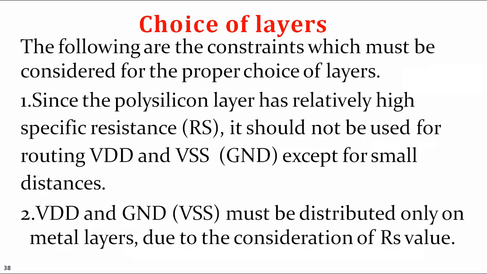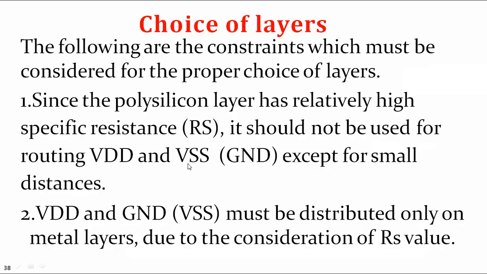First one: since a polysilicon layer has a relatively high specific resistance Rs, as I told in the figure in the previous chart, sheet resistance value is high for polysilicon, and for diffusion capacitance is high. Since the polysilicon layer has a relatively high sheet resistance, it should not be used for routing VDD and VSS.